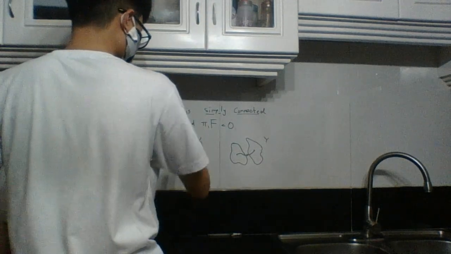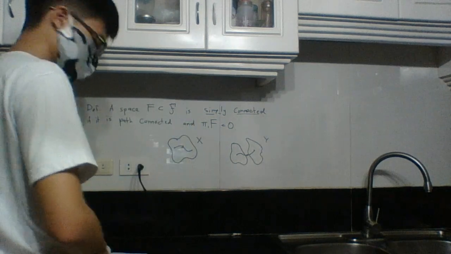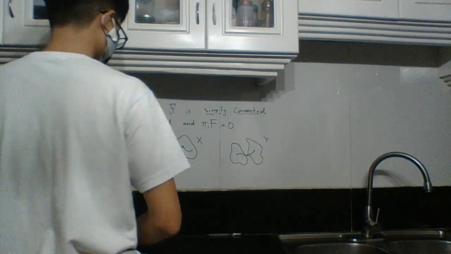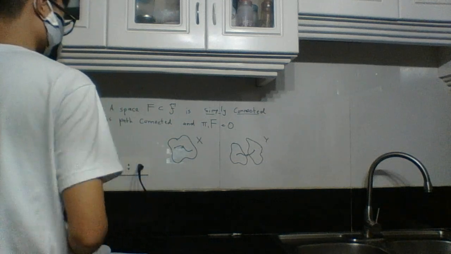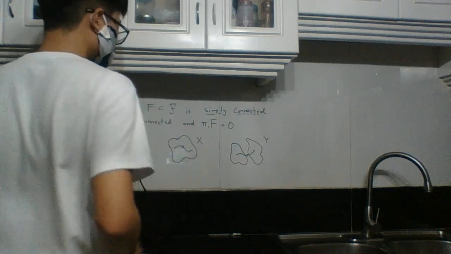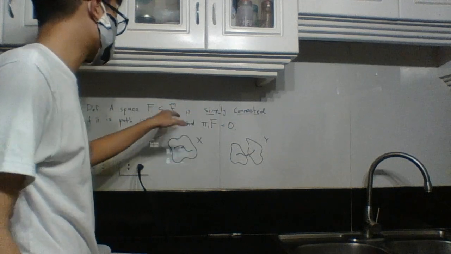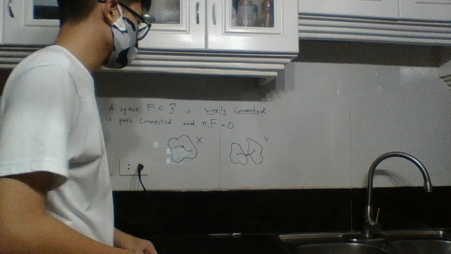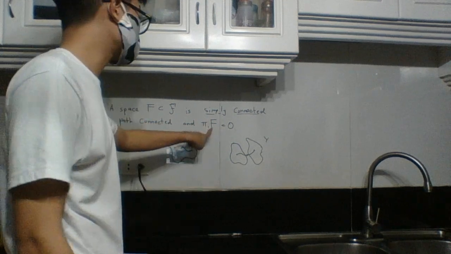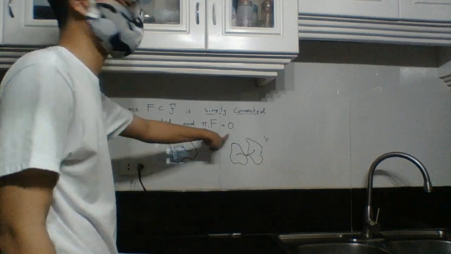Or in general, it must have no holes in it. That's the most intuitive way of describing this simply connected space. And this makes sense. It's simply connected and path connected. It really makes sense because notice that the fundamental group is 0.